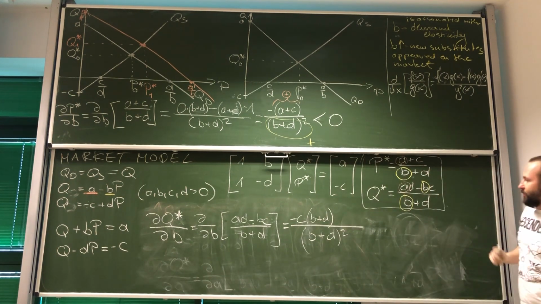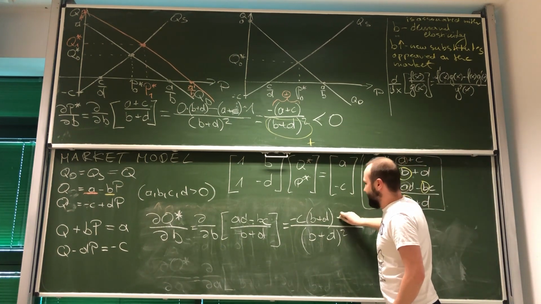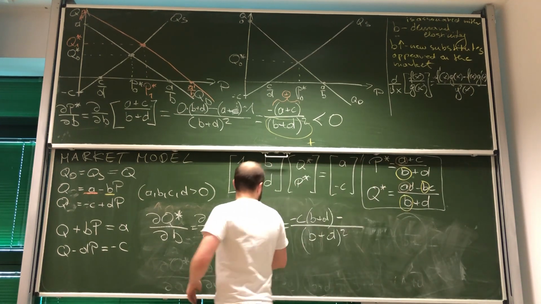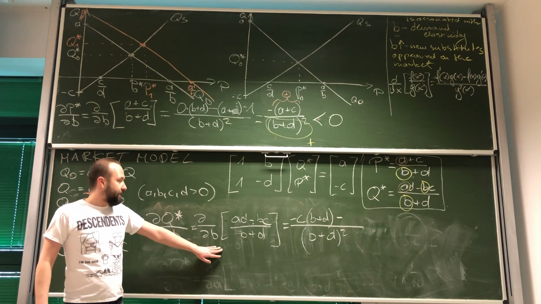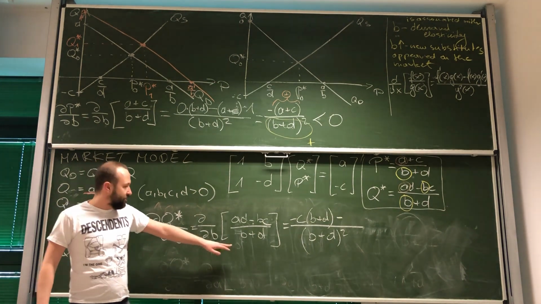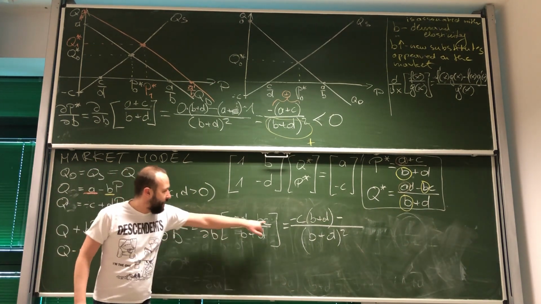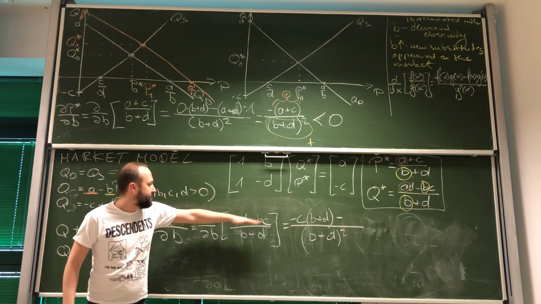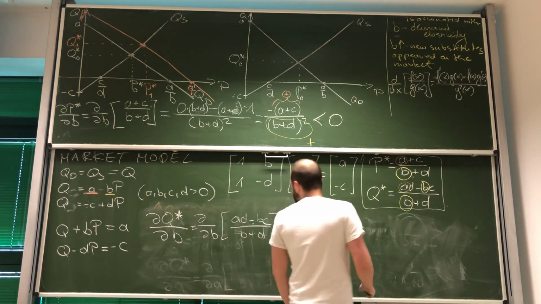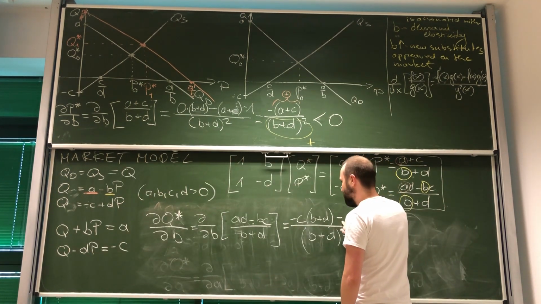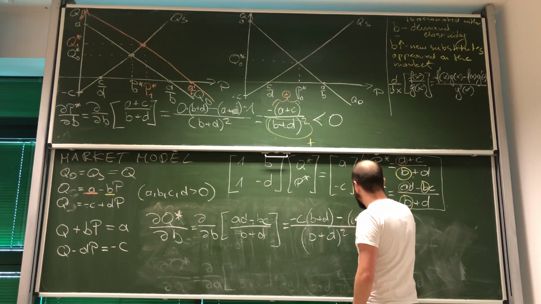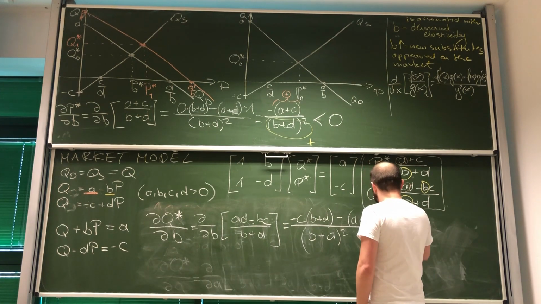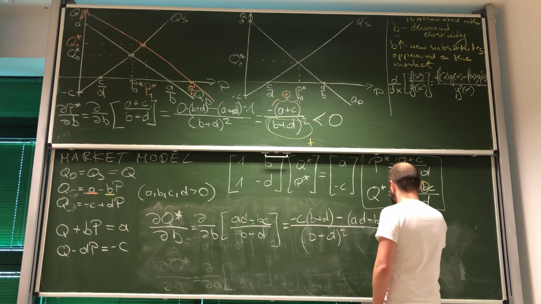The function at the bottom. Then, minus the derivative of this times the expression at the bottom. So this is minus AD minus BC times 1.